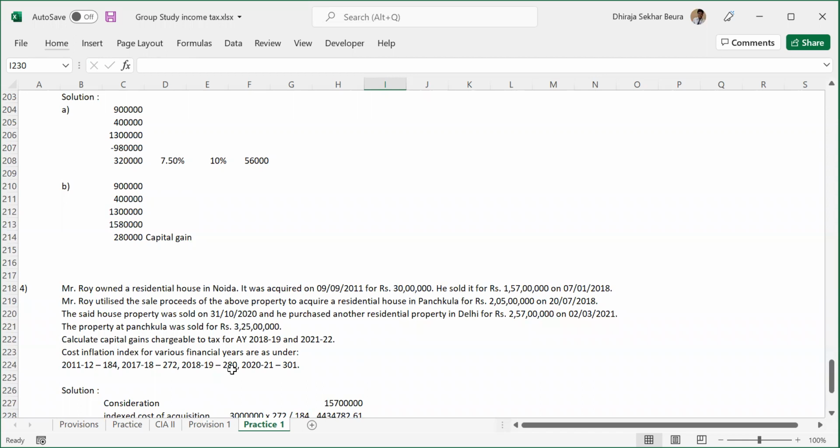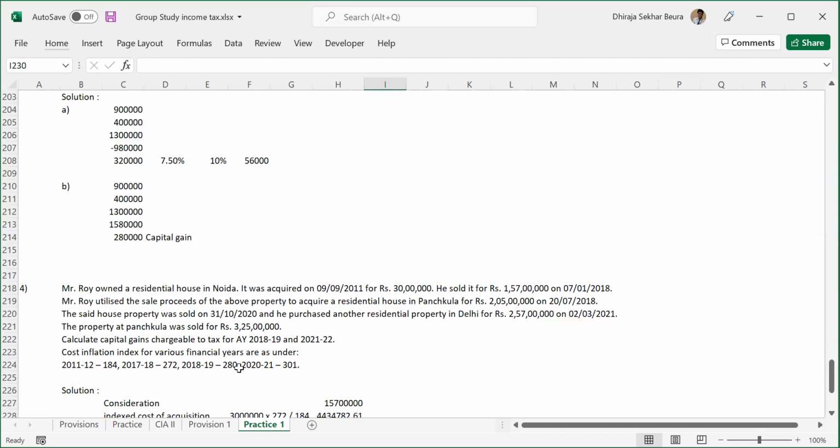Is it a short-term capital asset or a long-term capital asset? Long term, more than 36 months, so indexation has to be there. Yes, perfect. Now, Mr. Roy utilized the sale proceeds of the above property to acquire a residential house in Panchkula for 2,05 lakhs in 2018.